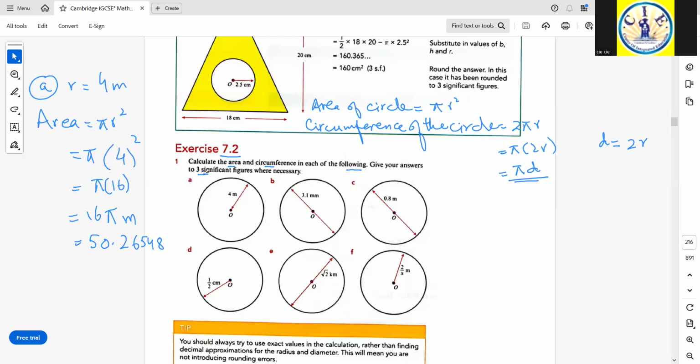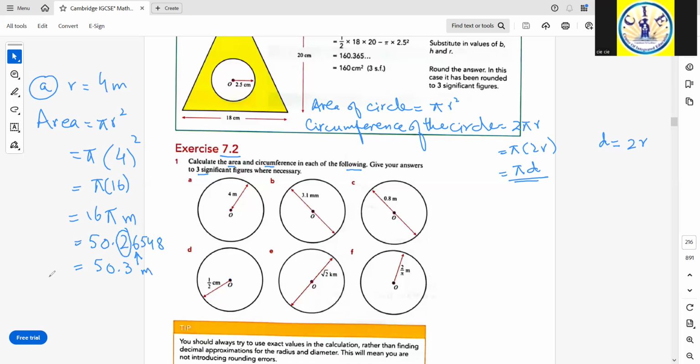Since we need the answer to three significant figures, we'll write it down as 50.3. The fourth significant figure is greater than 5, so the third digit would be rounded up. So 50.3 meters is going to be its answer.